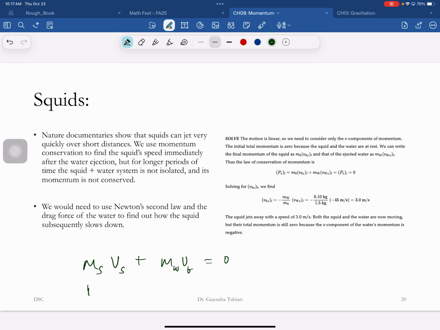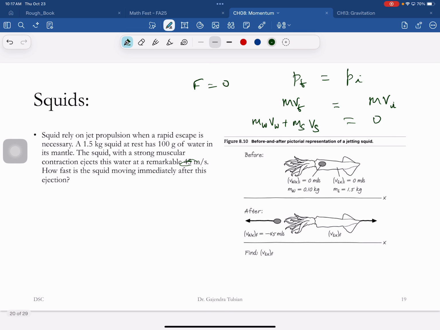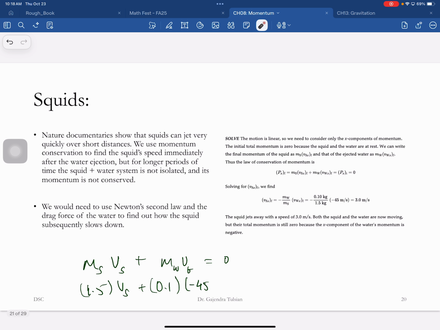Mass of the squid is 1.5 kg. Velocity of the squid is what we are calculating. Mass of the water is 0.1 kg. And the velocity of the water is in the opposite direction, so this velocity is positive, this velocity is negative. So this is negative 45 meters per second, equal to 0. And the velocity of the squid works out to 3 meters per second.